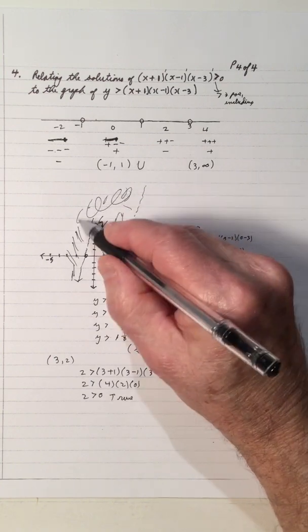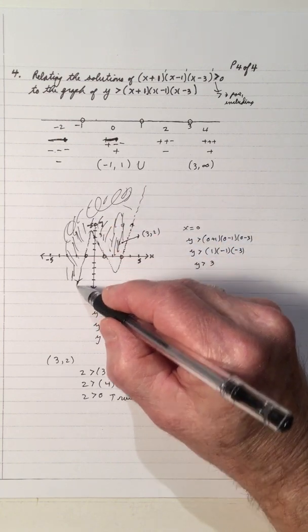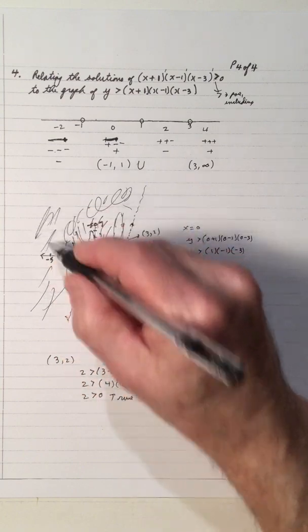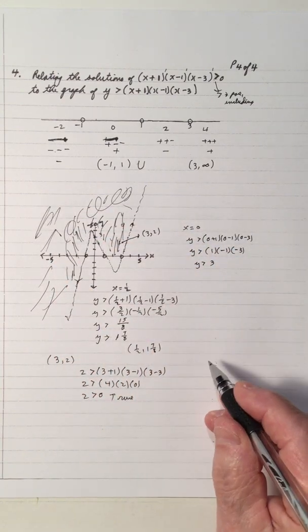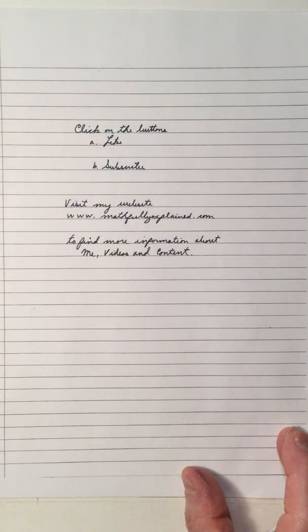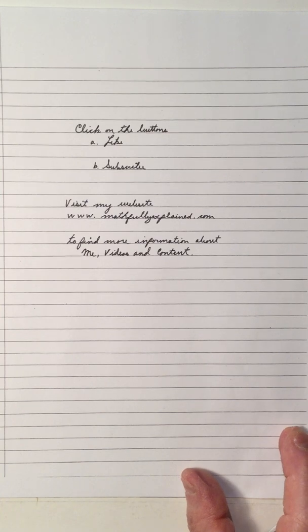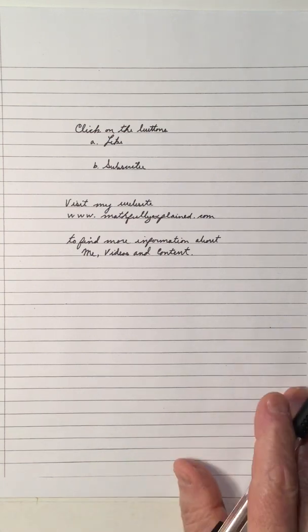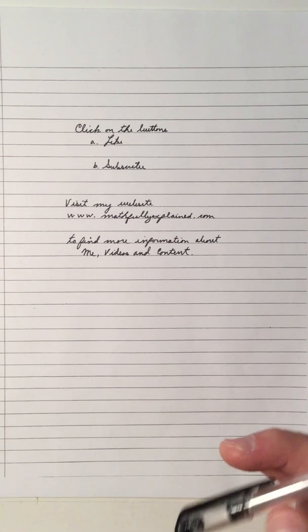So this is the solution. And that goes down, down, down. So the solution is all these points that will make it true. So I just thought I would do the inequalities to make sure that you know how to graph in relation to the polynomial functions in factored form and graphing the cubic, the quartics, the quintics, etc.